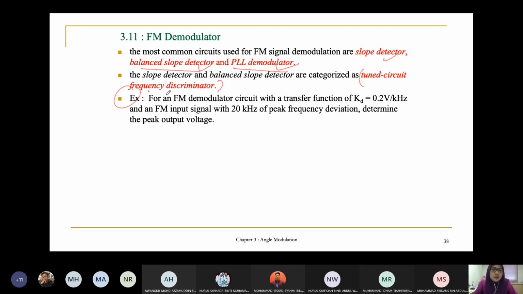For an FM demodulator circuit with a transfer function of KD equals 0.2 and an FM input signal with 20 kHz of peak frequency deviation, determine the peak output voltage. For this one you just use the formula V out equals KD delta F. Your KD is 0.2 V per kilohertz, and delta F is 20 kilohertz.